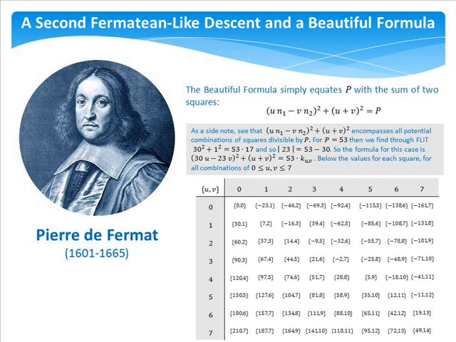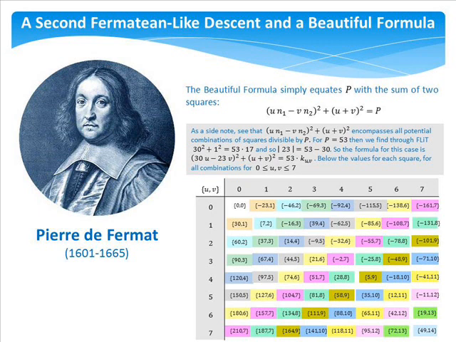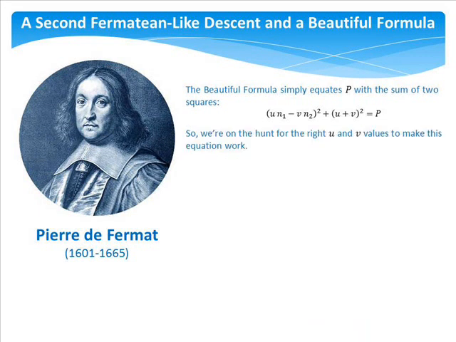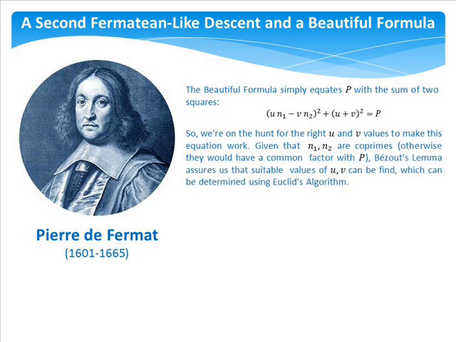You can check the table showing the same color for a specific value for the second square. So we are on the hunt for the right u and v values to make this equation work. Given that n sub 1 and n sub 2 are co-primes, otherwise they would have a common factor with p, Bezout's lemma assures us that suitable values of u and v can be found, which can be determined using Euclid's algorithm.